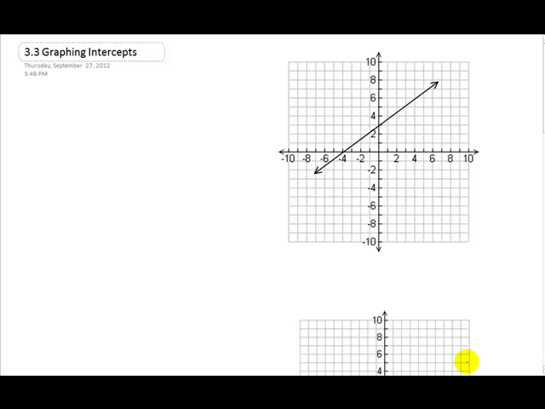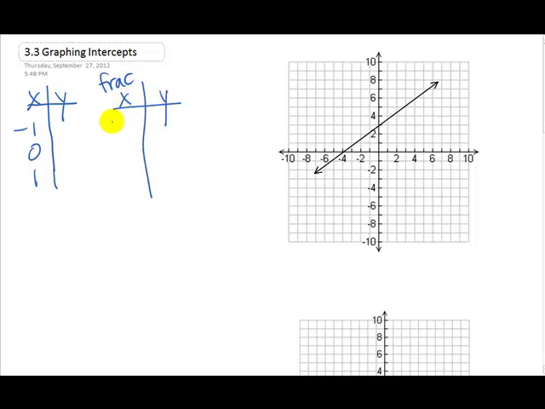3.3 Graphing Intercepts. In 3.2, we graphed using the t-chart. And we chose -1, 0, and 1 for x very often. And I said if there was a fraction with x, we would choose the denominator.